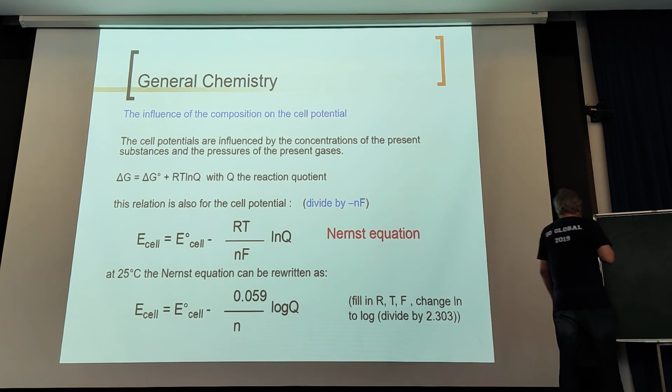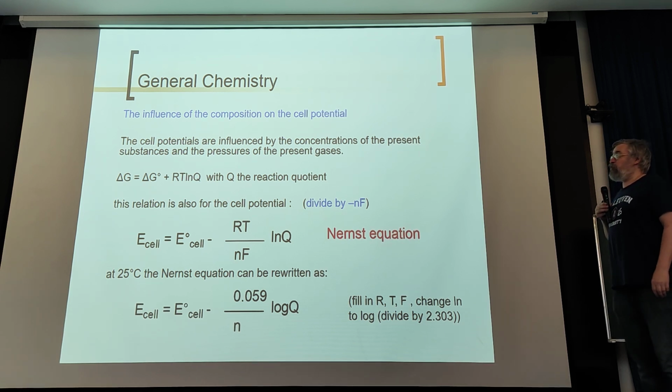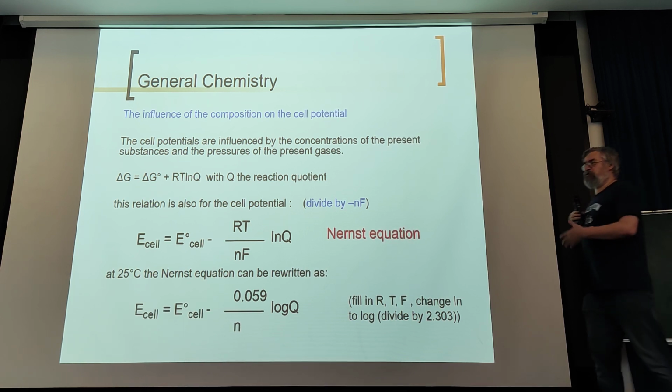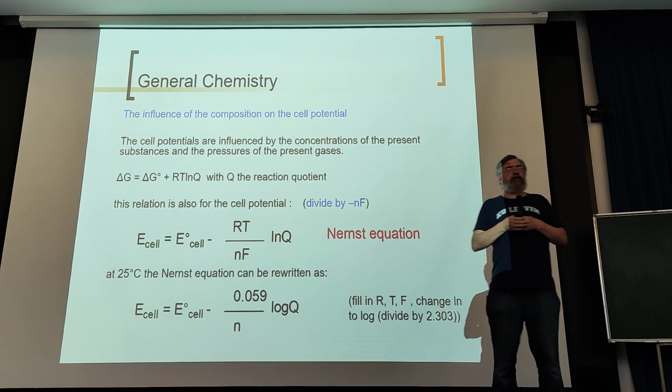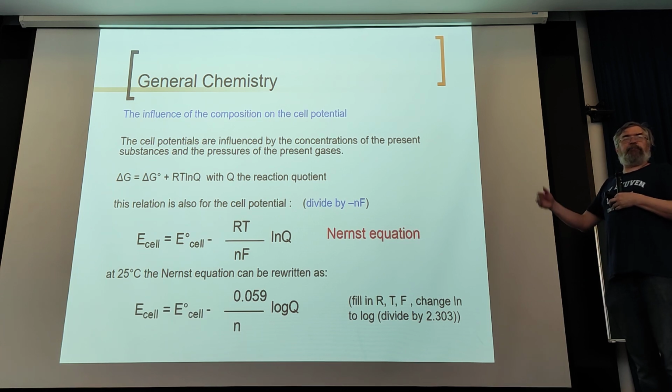Okay, so the important fact is that the concentration of the reagents that we are using in our redox reaction does influence the potential in an important way, and there is an equation for that. And the equation can be derived from what we have seen earlier in the thermodynamics chapter. So delta G is the delta G in standard conditions plus a term which involves the concentrations, which is ln Q multiplied by RT.